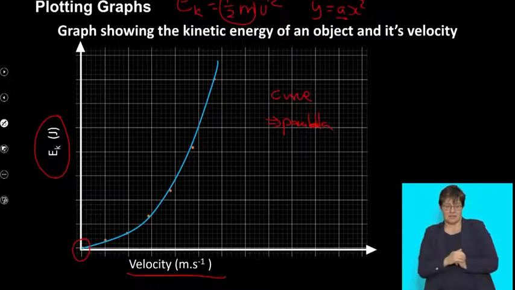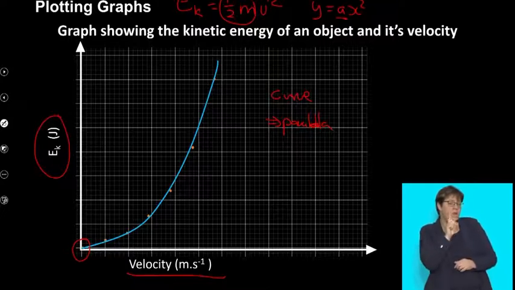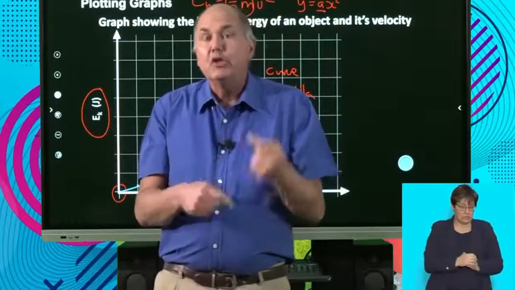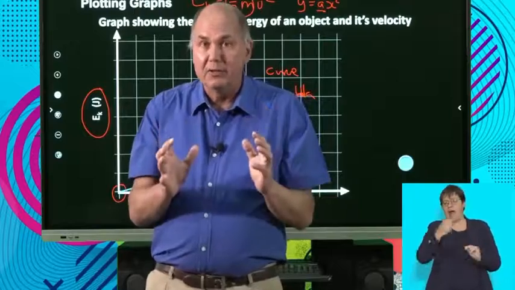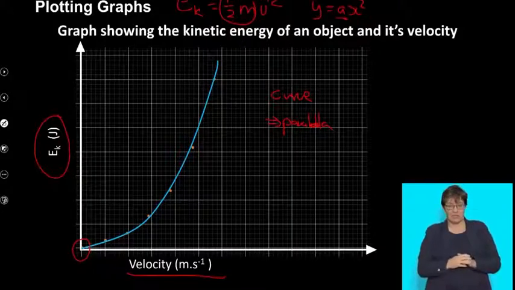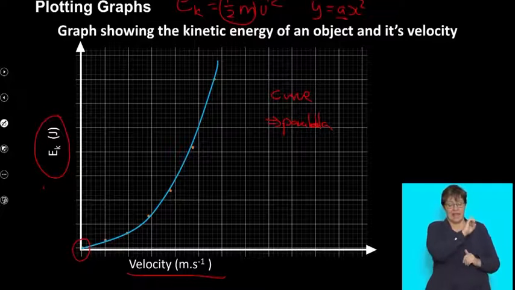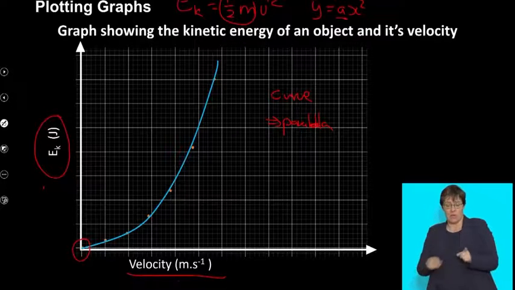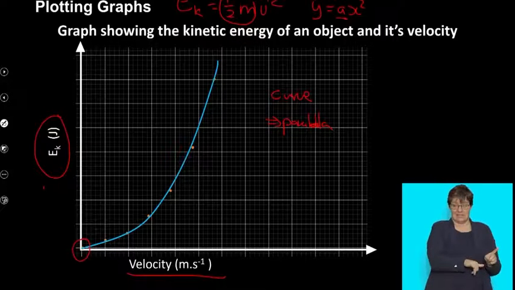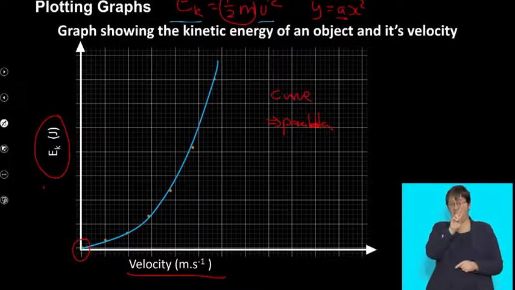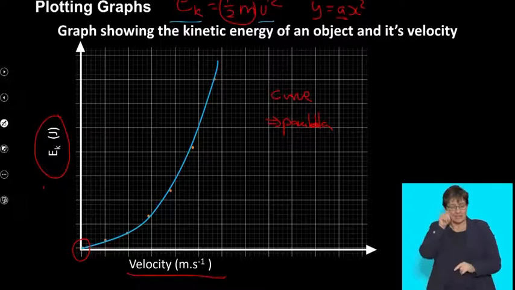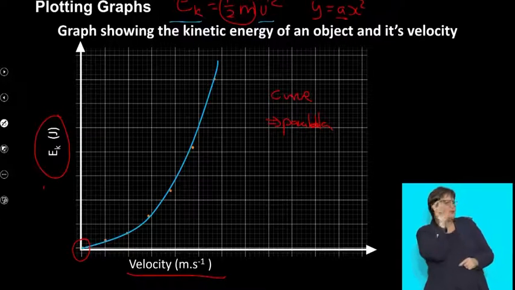So if we want to check, is it a parabola or maybe something similar to a parabola, we've got to do another type of plot. Instead of plotting the kinetic energy against velocity, we're going to plot the kinetic energy against the velocity squared. Now, this is going to be a constant. What do you predict if you do that? Well, it would be a straight line.